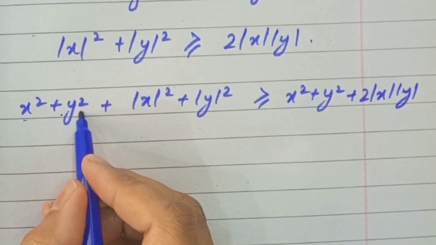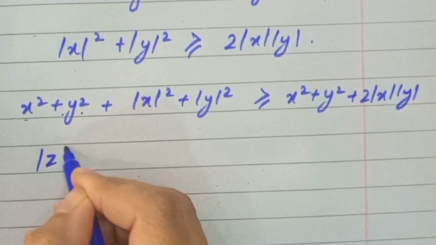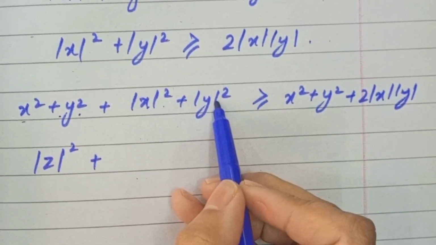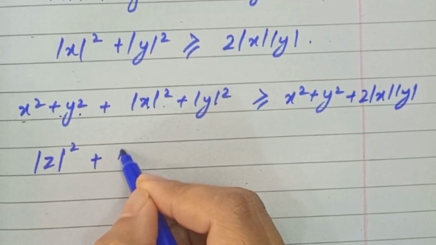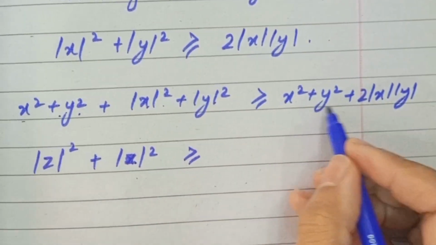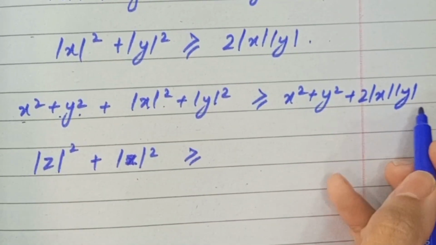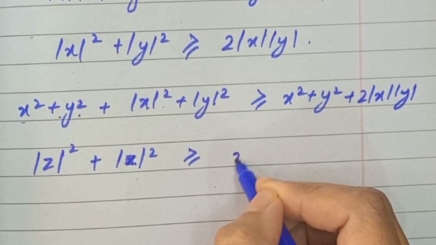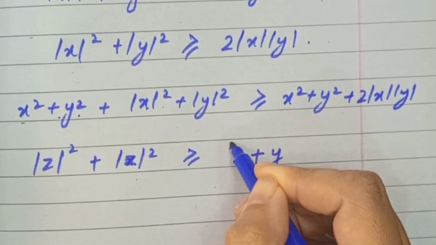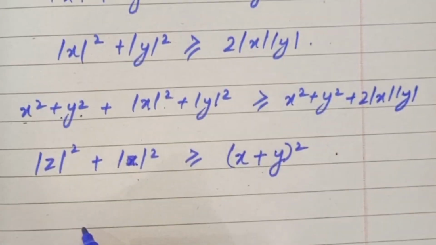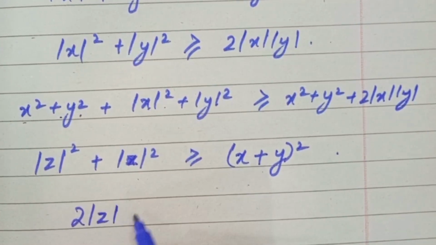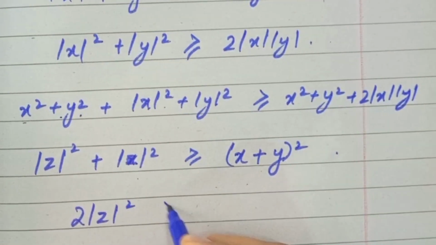Now x² + y² is always equal to |z|², and this is also |z|². x² + y² + 2xy is equal to (x + y)². This is equal to 2|z|².